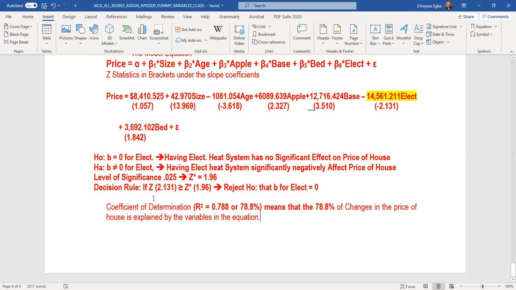So from your observation now, would you reject the null hypothesis or would you not reject the null hypothesis? Yeah, tell me. Reject the null hypothesis.